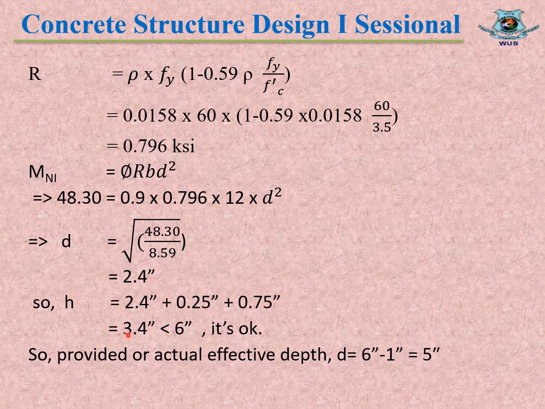So h equal to 3.4 inch. As h is less than slab thickness, so it is okay. So provided or actual effective depth d equal to 6 inch minus 1 inch equal to 5 inch. Here 1 inch is the sum of 0.25 inch and 0.75 inch.